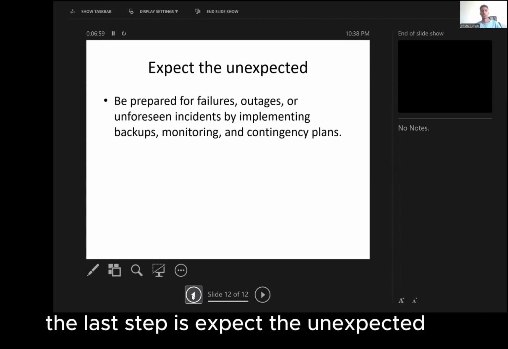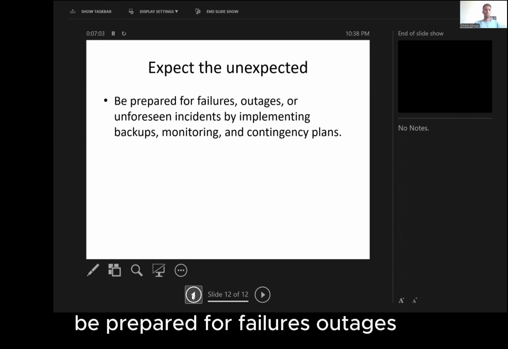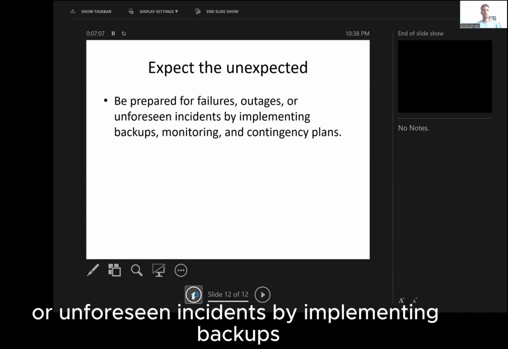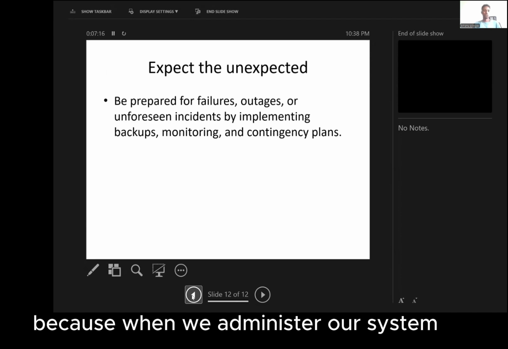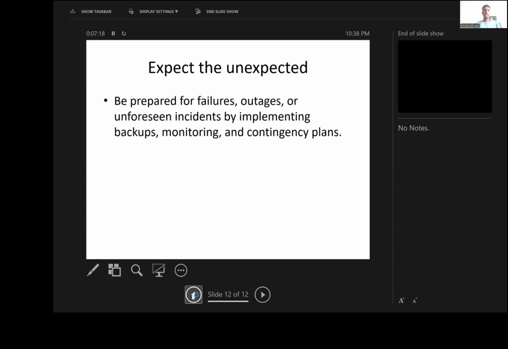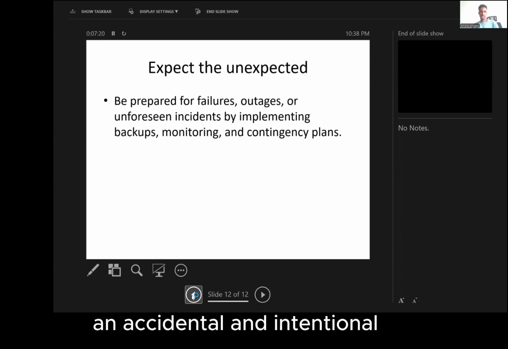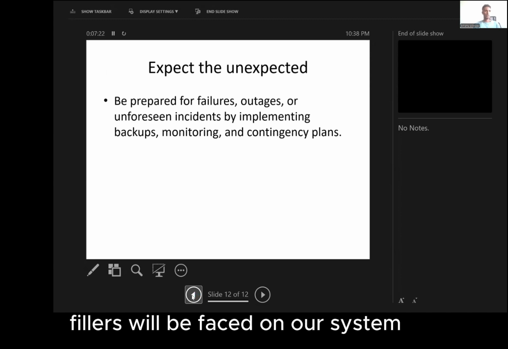The last term is expect the unexpected. Be prepared for failures, outages, or unforeseen incidents by implementing backups, monitoring, and contingency plans. Because when we administer our system, accidental and intentional failures will be faced on our system.